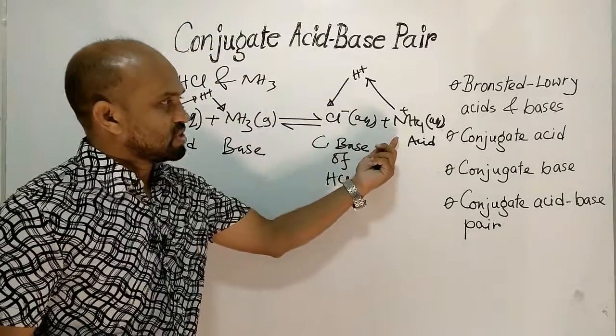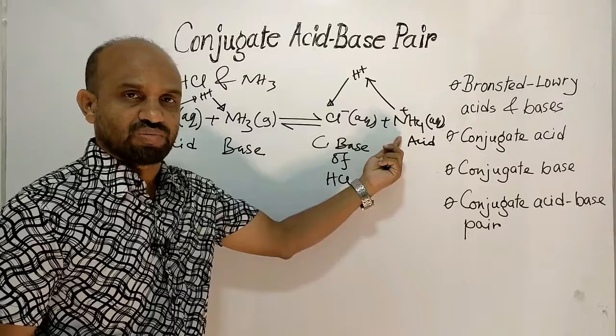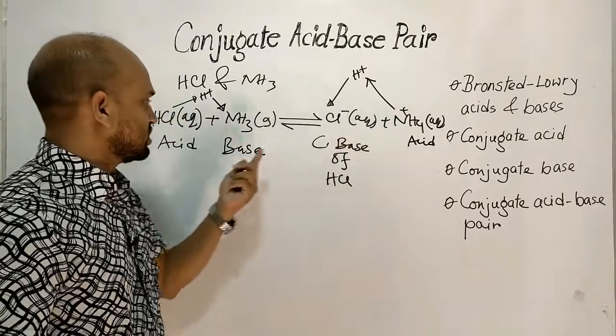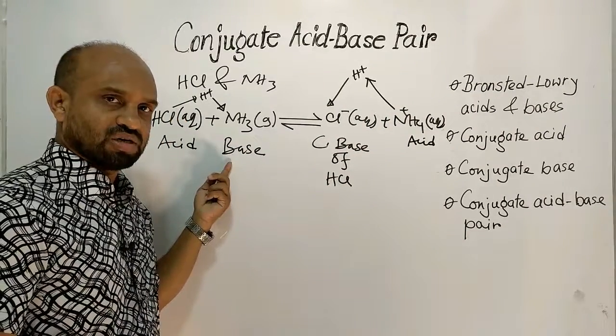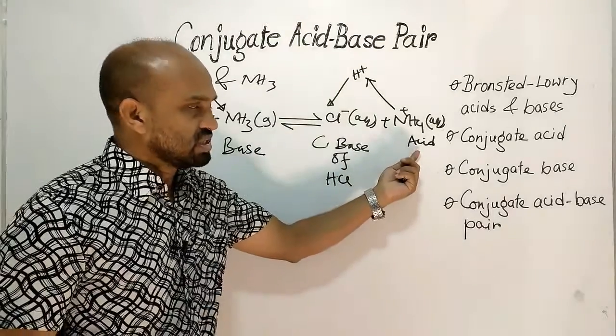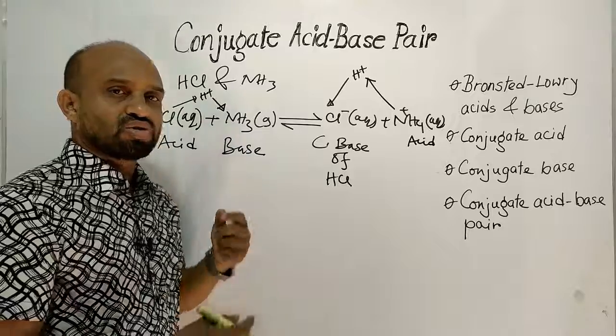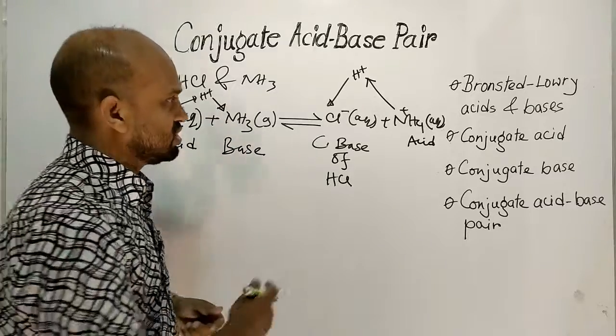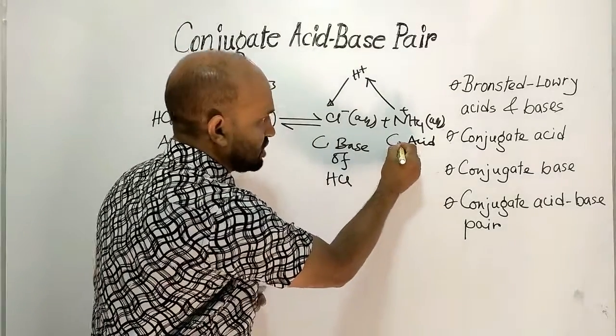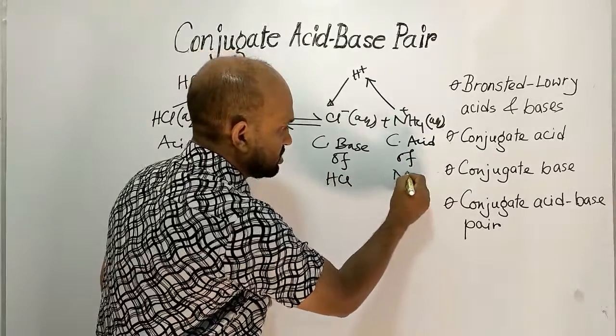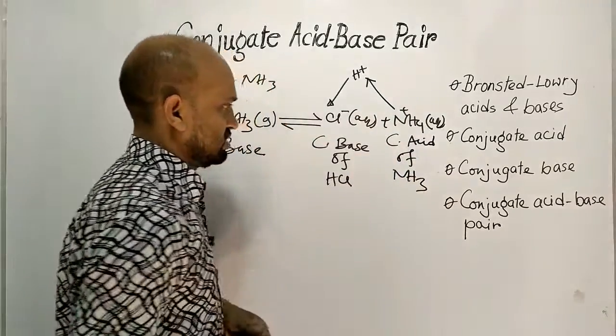Similarly, this acid, ammonium ion, is formed from the base ammonia. That is why this ammonium ion is related to ammonia, or conjugate to ammonia. That is why this is the conjugate acid of the base ammonia.